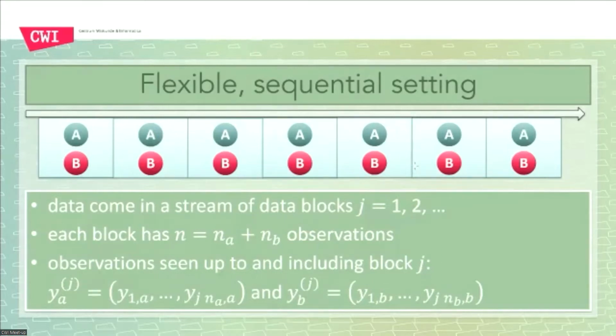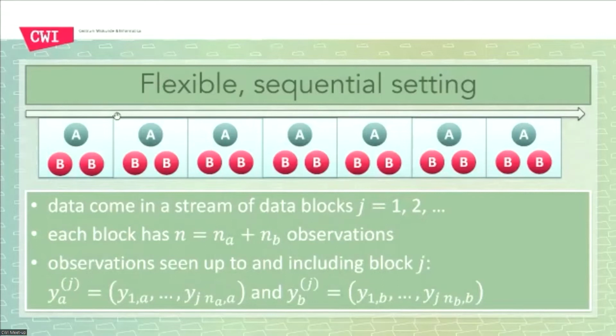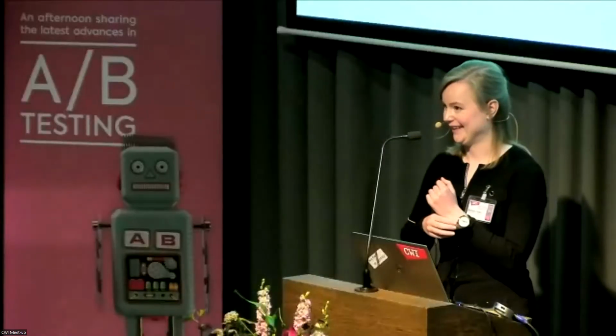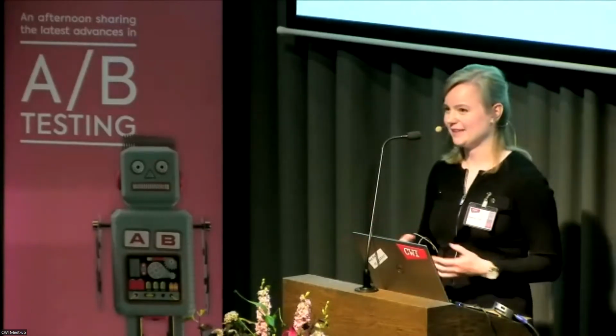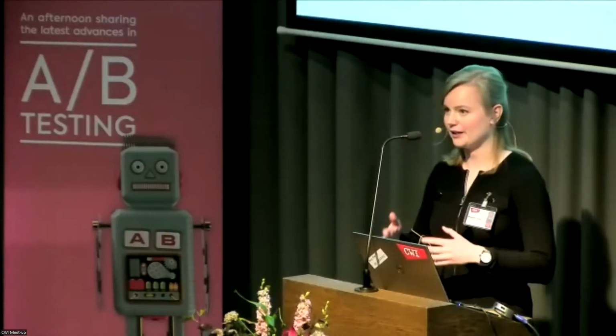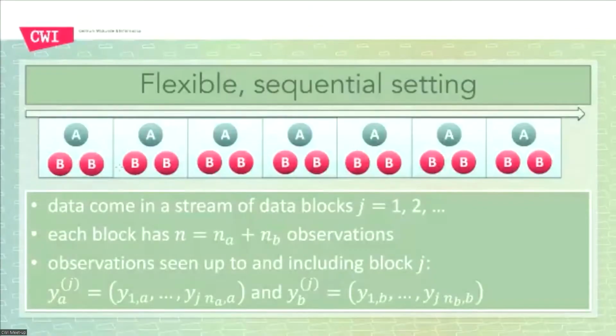But what you can also do with our method is say, okay, I have an unbalanced design. I expect to show the nice new website to twice as many customers as the old version. That's also allowed. This is often a setting that occurs in medical research as well, where we have a case control design with 2 controls and 1 case.